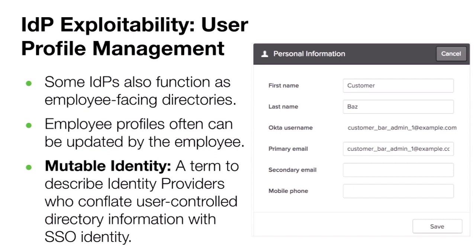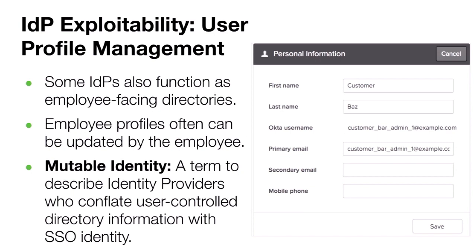Another potentially risky IDP feature is account lifecycle functionality such as user profiles. If an IDP also functions as an employee directory, employees may also be able to do self-service profile management, such as updating their first name or their phone number.